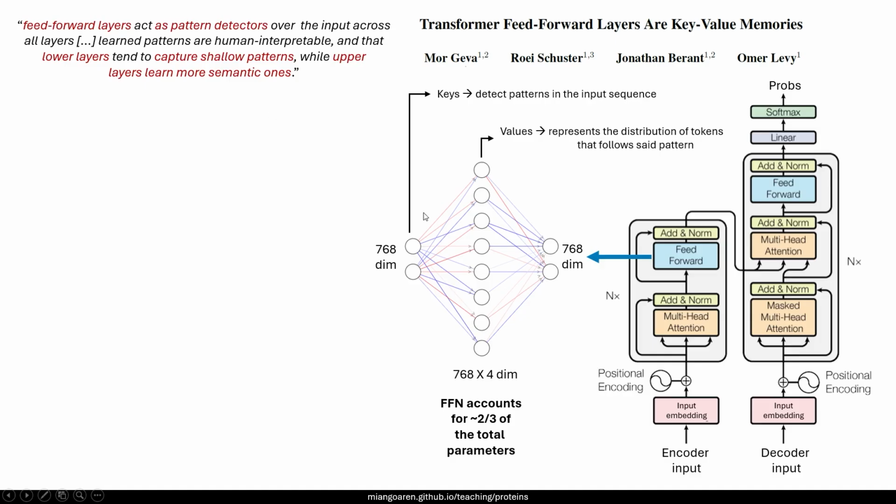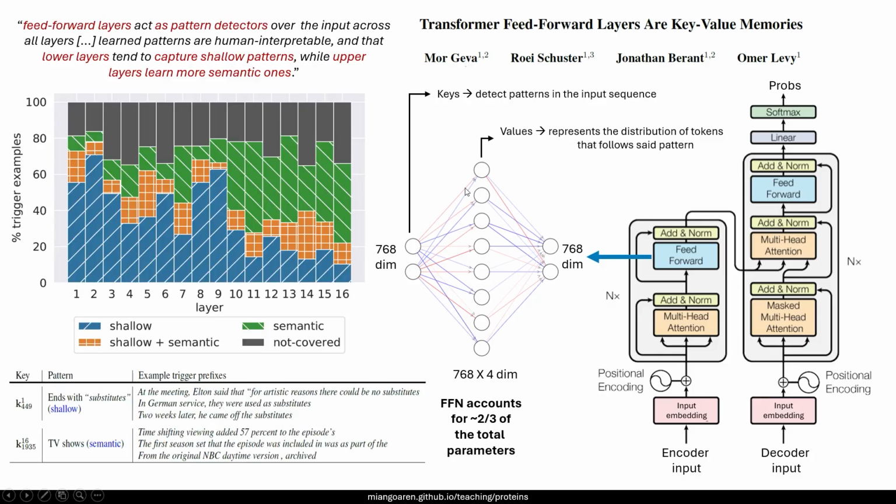Here what we observe is that what would be the input layer could be represented as the keys in an analogous way, which precisely allow us to detect patterns that would be relevant in a semantic sense, and the hidden layer would represent the values, where the representations are really skewed by a probability distribution.